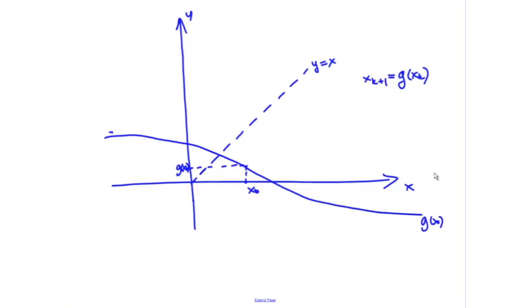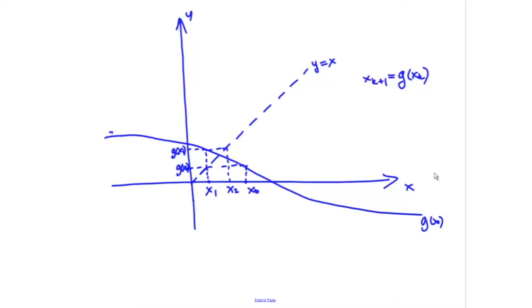Because this line gives me the points where y is equal to x, this will be the point where we have the value of g of x0 for x. And this is our x1. Our x2 will be g of x1. G of x1 is this here, and to show it on the x-axis, we again use the line y is equal to x, so this is our x2.